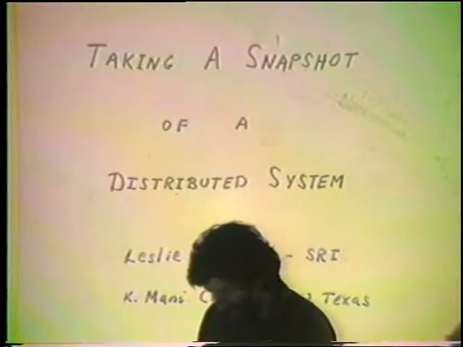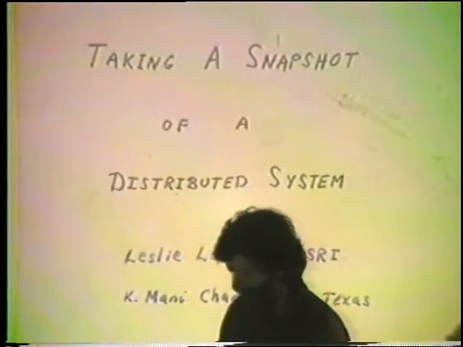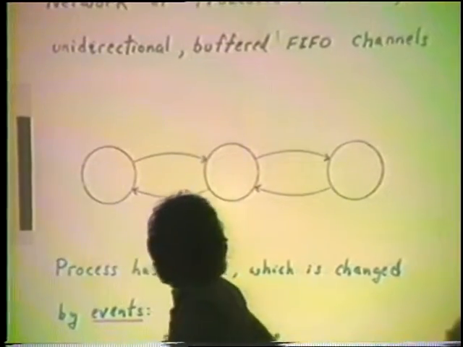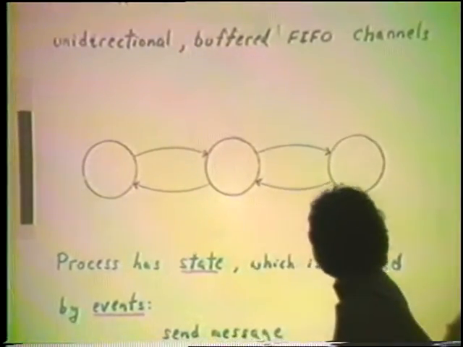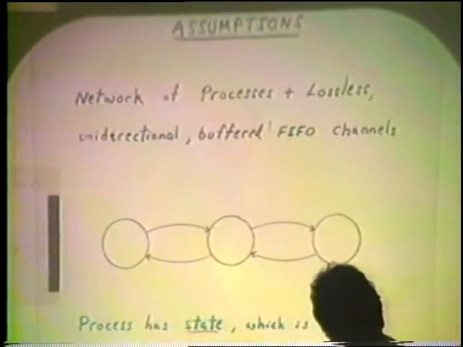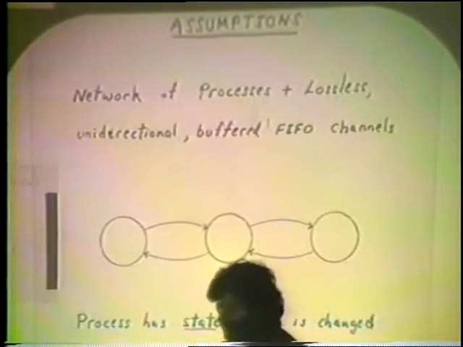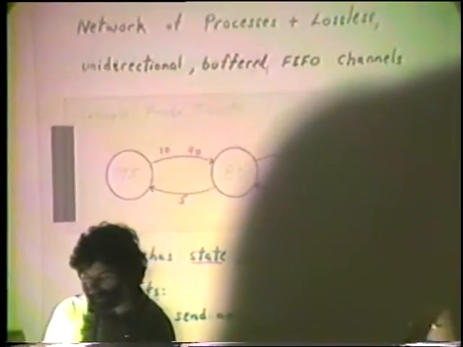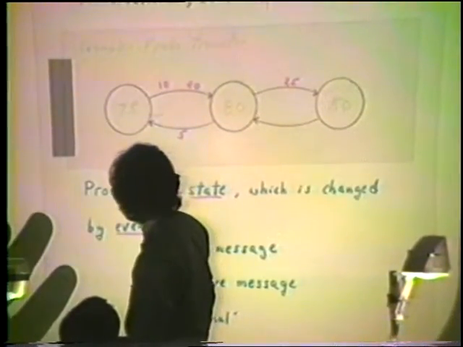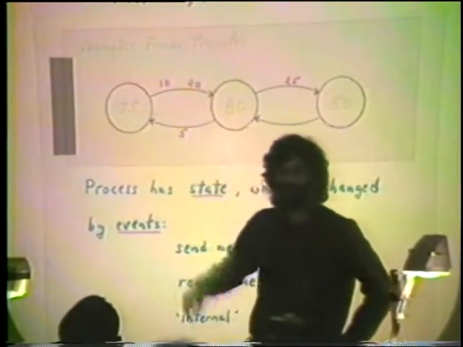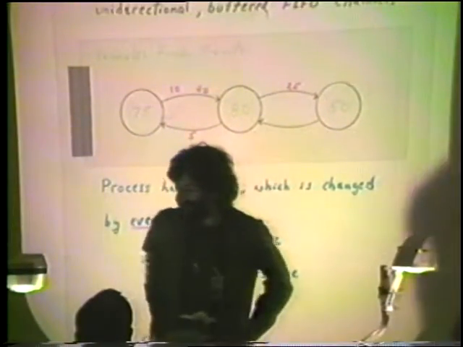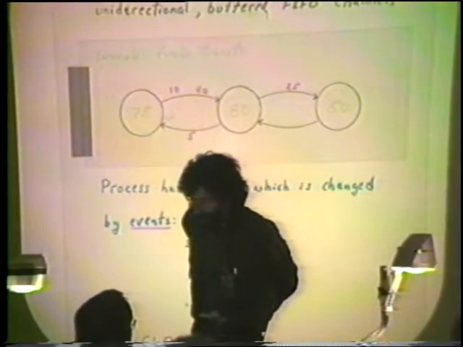Okay, the problem. We'll assume the usual simplifying assumptions, namely a network of processes with lossless, unidirectional, buffered, first-in, first-out channels. For example, here's a network of 3 processors with the channels. Each process has a state, and that state is changed by events.